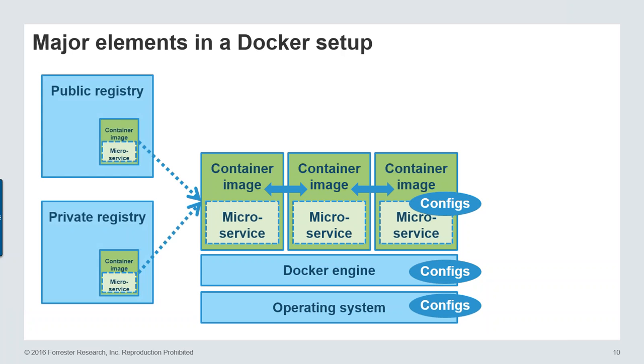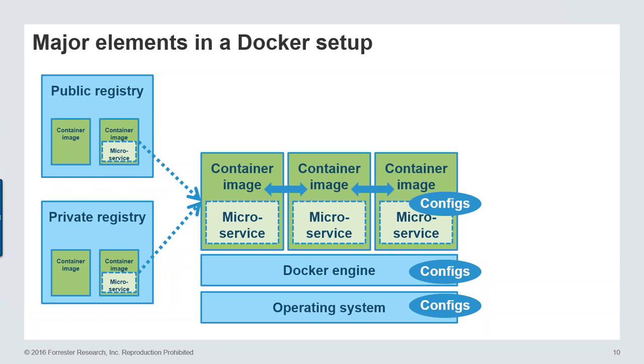containers are configured. Well, these container images come from registries, and they can be public registries that people can download. Any of us could go in and download some container image that might have some microservice embedded in it. Or you could set up a private registry in your own environment. But these container images that have the microservices, there are also more generic kinds of container images that get combined and layered into the actual container image that you're using.